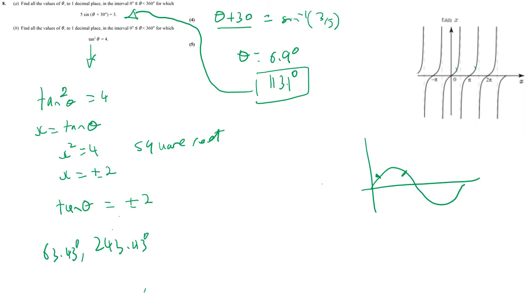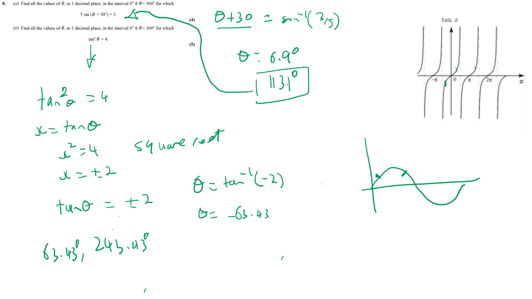Okay, and we'll do the -2 one. So that's the same answer. And if we do theta is equal to inverse tan of -2, theta will be negative 63.43, so that will be somewhere here, okay?